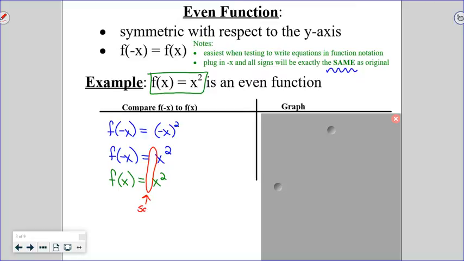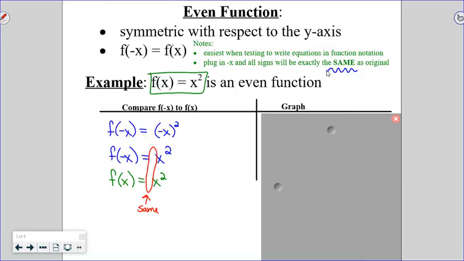Those are the same. And if they are the same all the way across, then it's identified as an even function. I get that this is a very basic example because there's literally only one term to compare, but it could be a polynomial with multiple terms, and we go through and compare all of those signs. If they are all the same, it's an even function, okay?